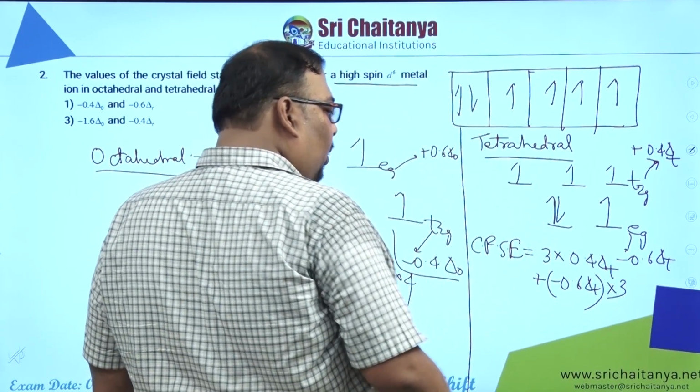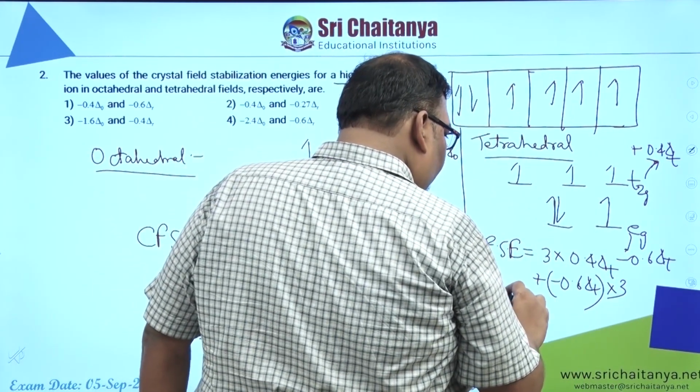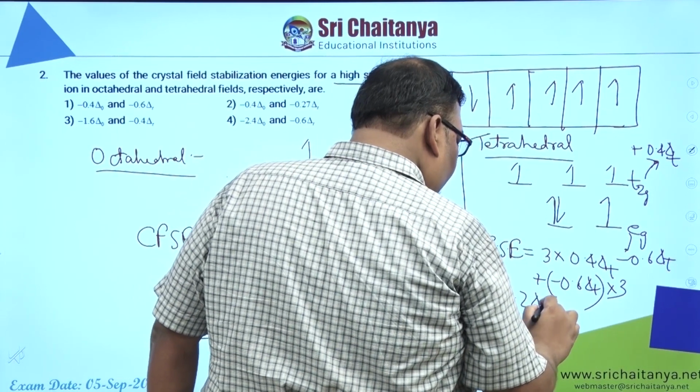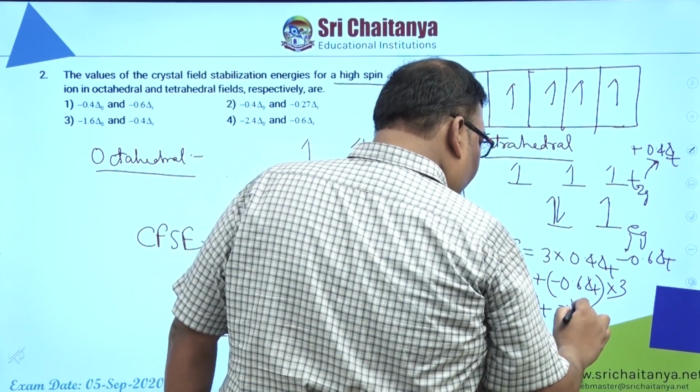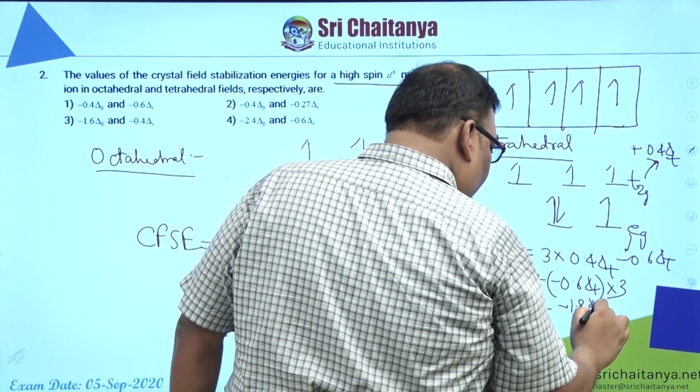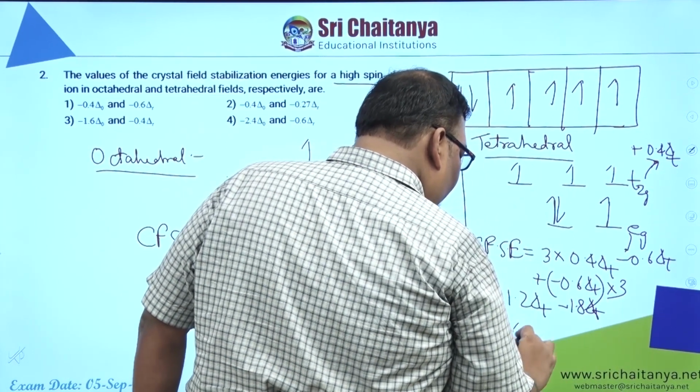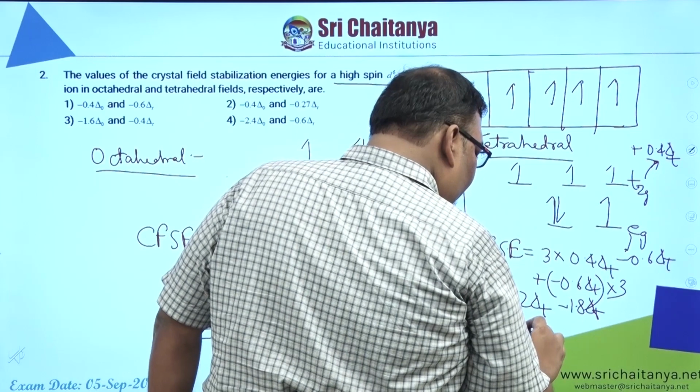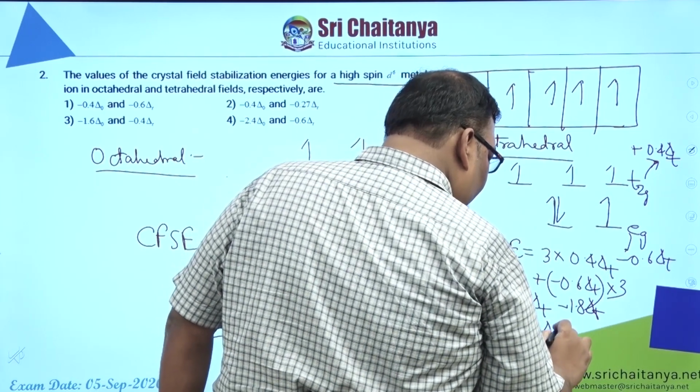So it will be equal to 1.2 delta T minus 1.8 delta T. That will be equal to minus 0.6 delta T.